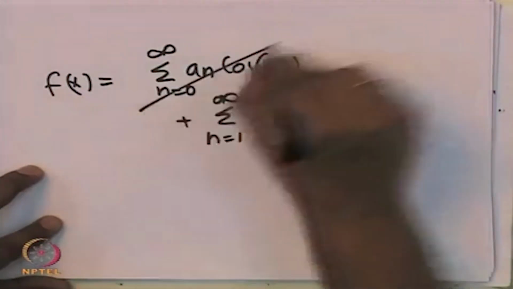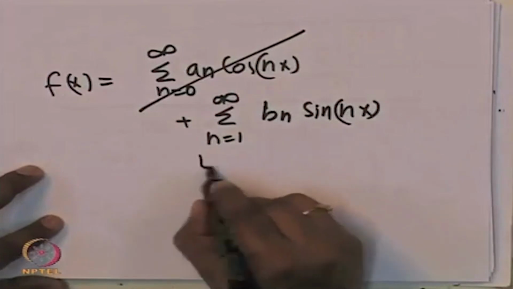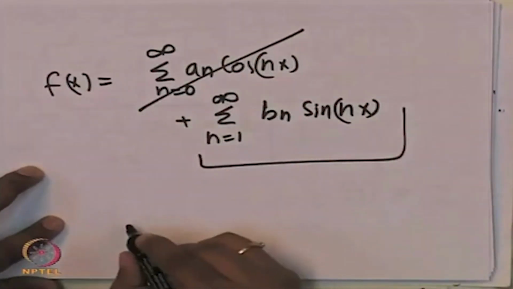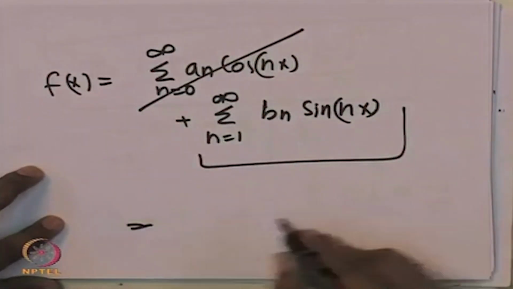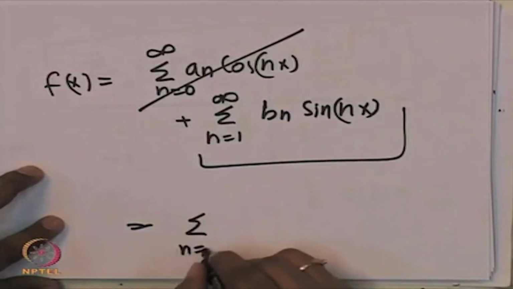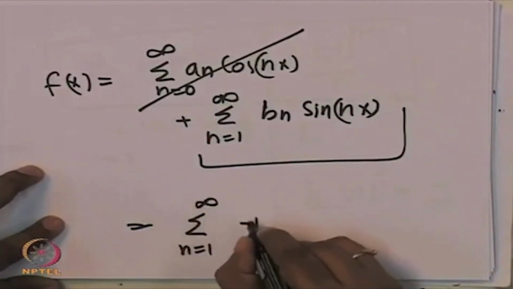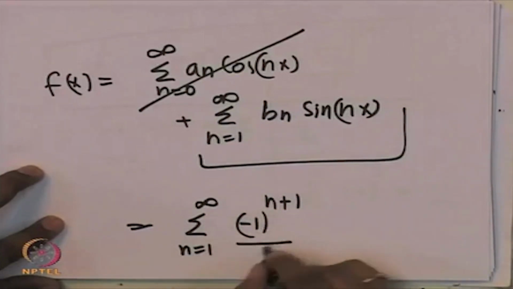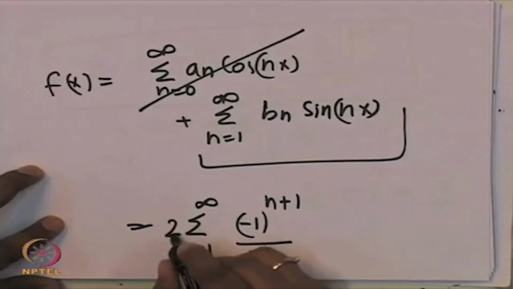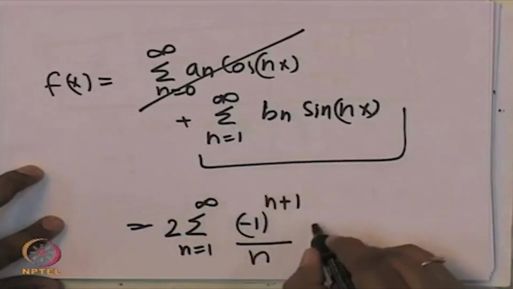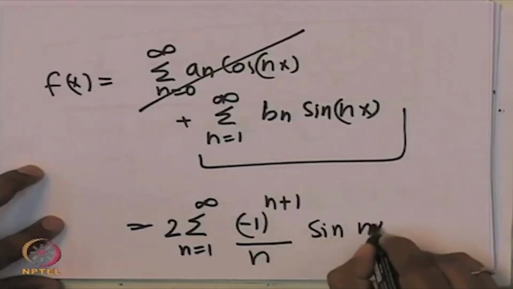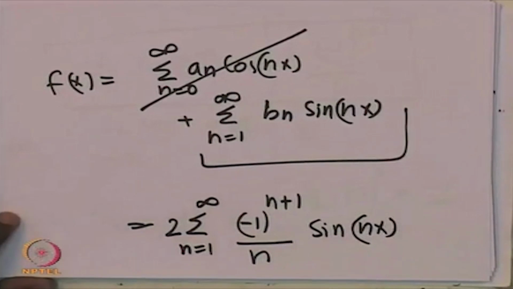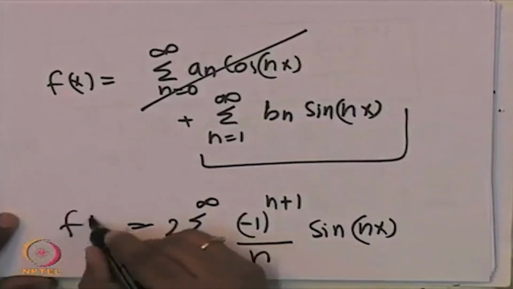We found that a n was 0. So, the only remaining term is b n, and b n was found as minus 1 whole power n plus 1 divided by n times 2, and there is sin n x. So, this is our f of x.